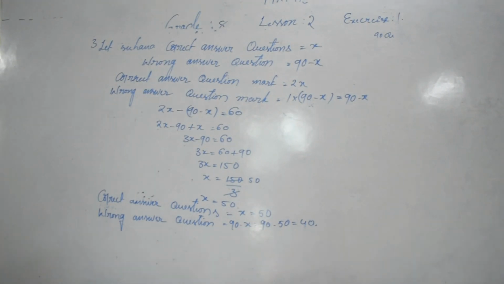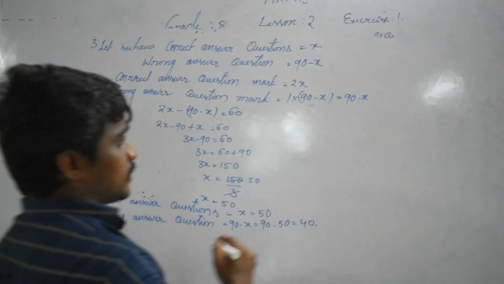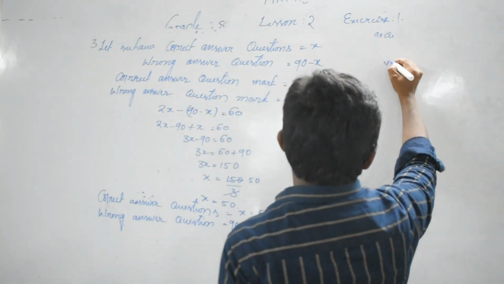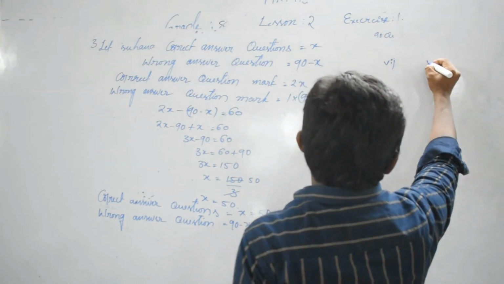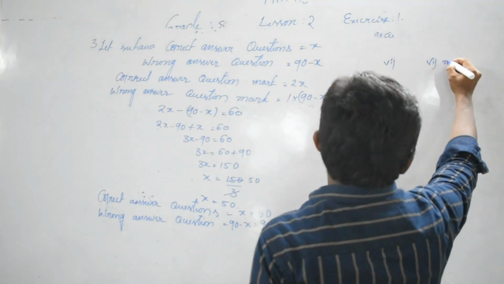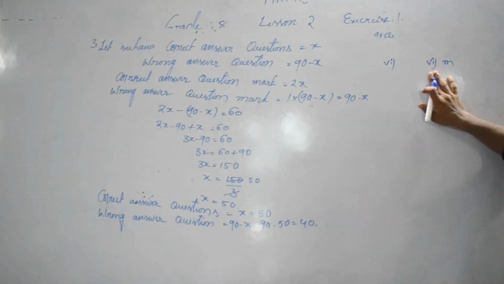The present age of Vijaya's mother is 4 times the present age of Vijaya. After 6 years, the sum of their ages is 62. Find their present ages. This is also easy. Now Vijaya's mother's name is not given.